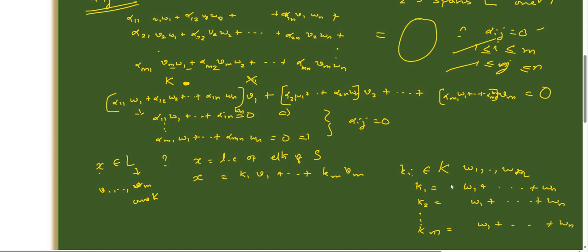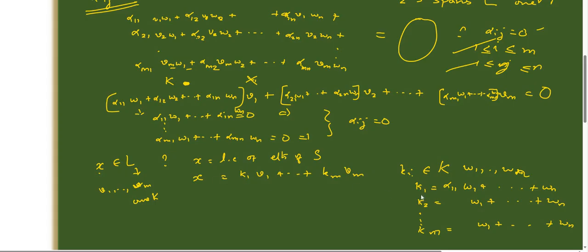Now, what should be the scalars? For that you just go back to this. When you want to have V1 with W1, you had that as alpha 11. And here you took V1 out, so what you had was alpha 12.